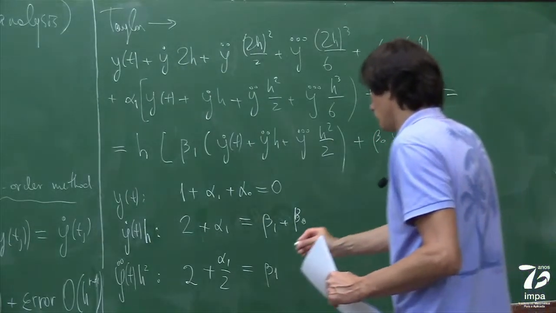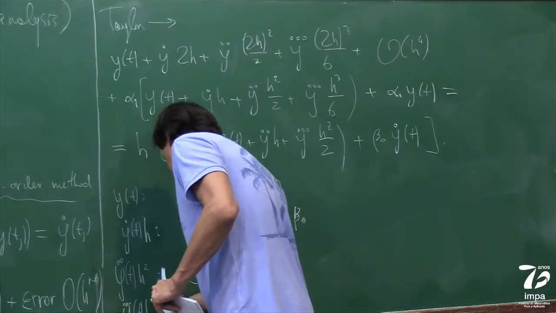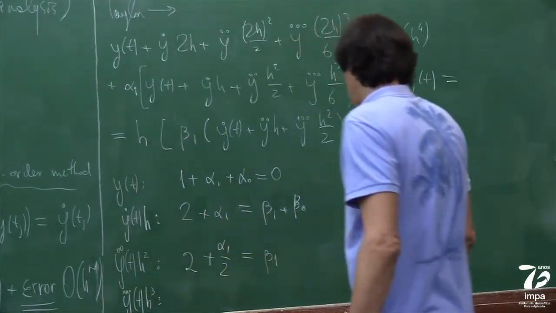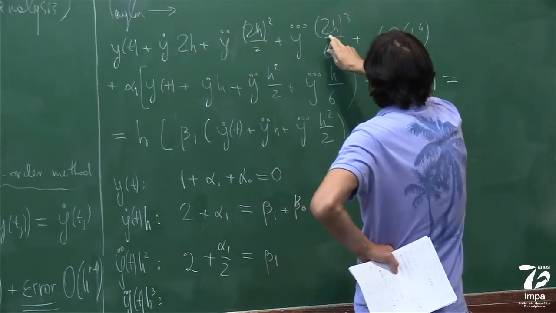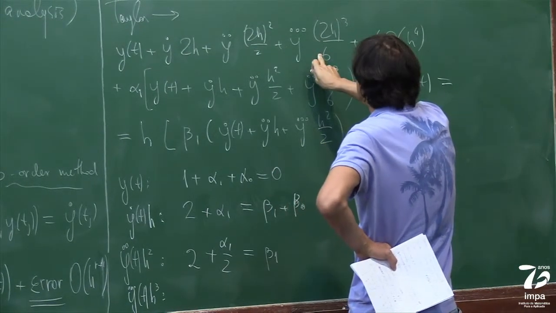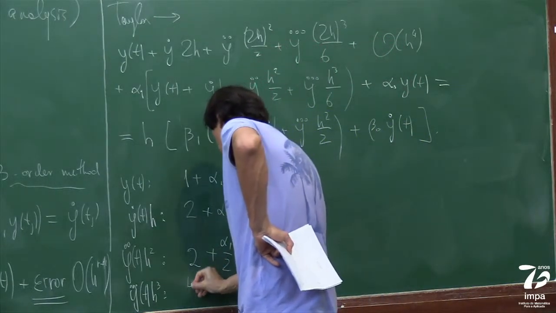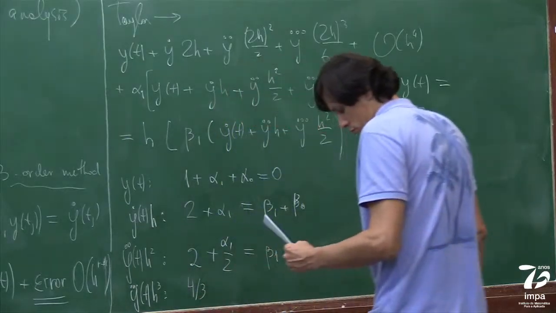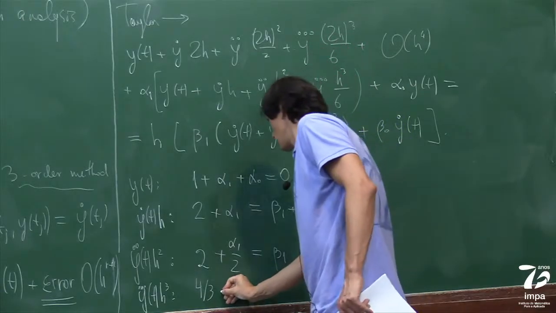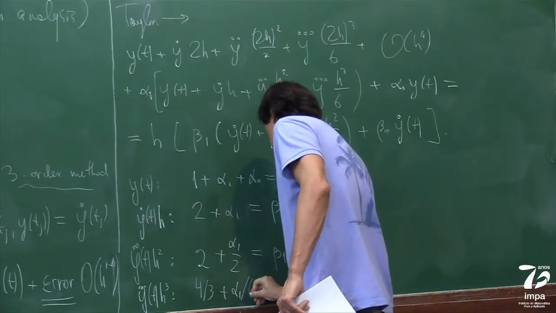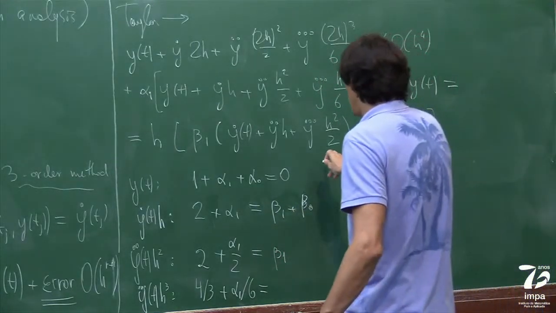And then the third order. This is how much? It's 8 over 6, which is 4 over 3. Then this is alpha 1 over 6. And then we have beta 1 over 2.